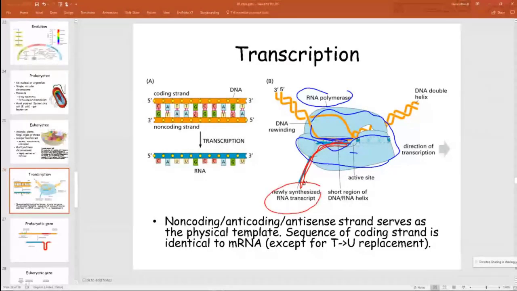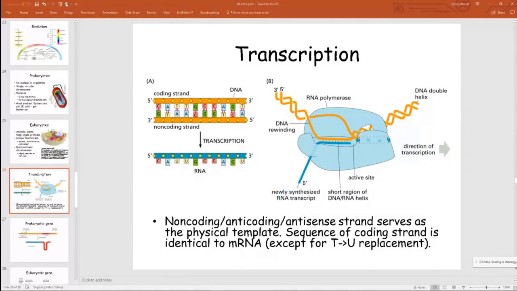So this newly synthesized RNA transcript is being produced monomer by monomer, nucleotide by nucleotide, as the RNA polymerase goes through the DNA in a zipper action. It unwinds from one end, and it rewinds from the other end as it is done transcribing.